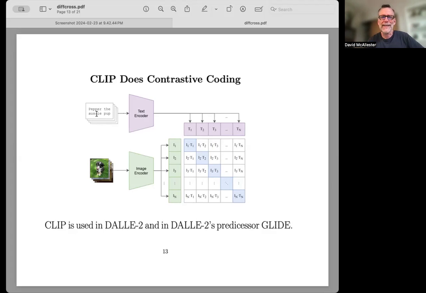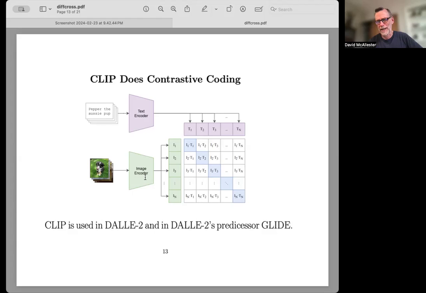And I'm going to take the text and I'm going to pass it through an encoder. So this is sort of like the encoder in a VAE, but it's encoding the text. And the idea is you want the encoding of the text. So this encoder is going to take the text and produce a vector. So this is text to vector. And another encoder, a different encoder, is going to take the image and produce a vector.